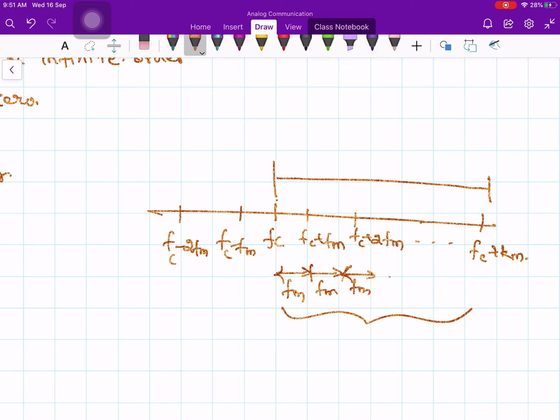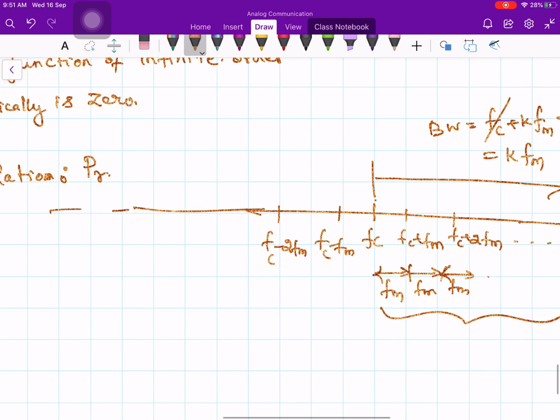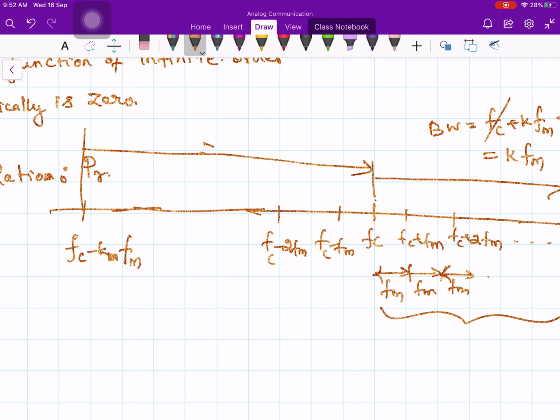Or you can simply find the bandwidth from here to here. Bandwidth is equal to the upper frequency Fc plus K times Fm minus Fc. So this Fc and that Fc will get cancelled, therefore you will get K times Fm. What about this side, the lower sideband? This was for the upper sideband. For the lower sideband, again you keep going towards this side. Let us say this is Fc minus K Fm. Now, what is the bandwidth from the lower sideband?